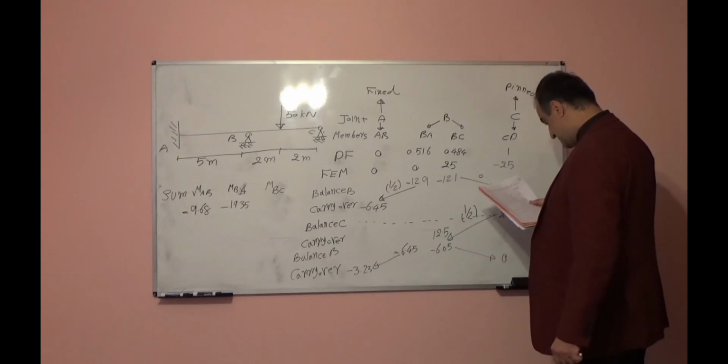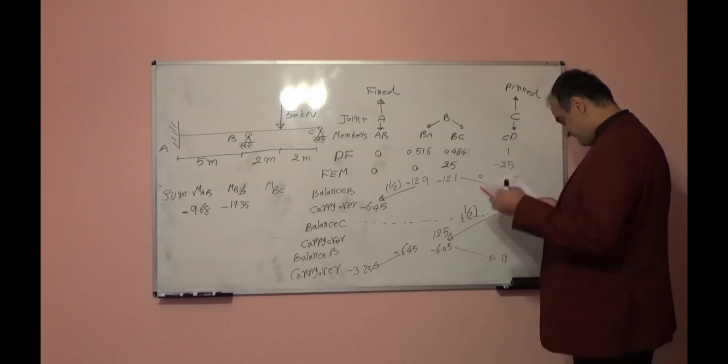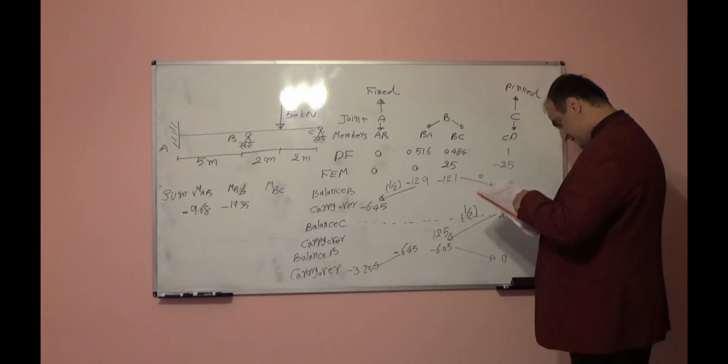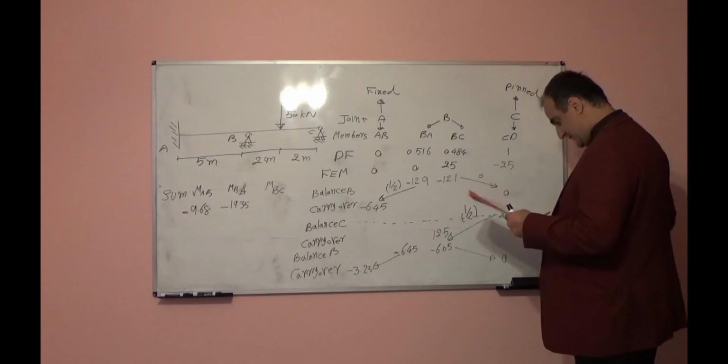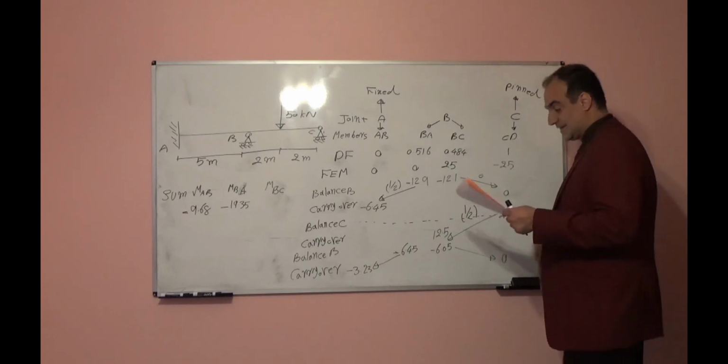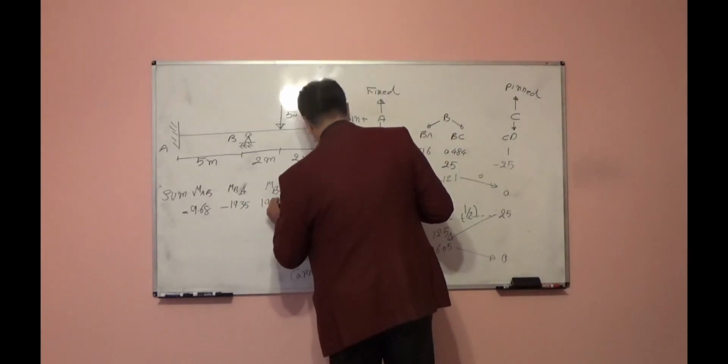If you add these moments together, you will get, this cancels, 0.4 positive, that will be 19.35.